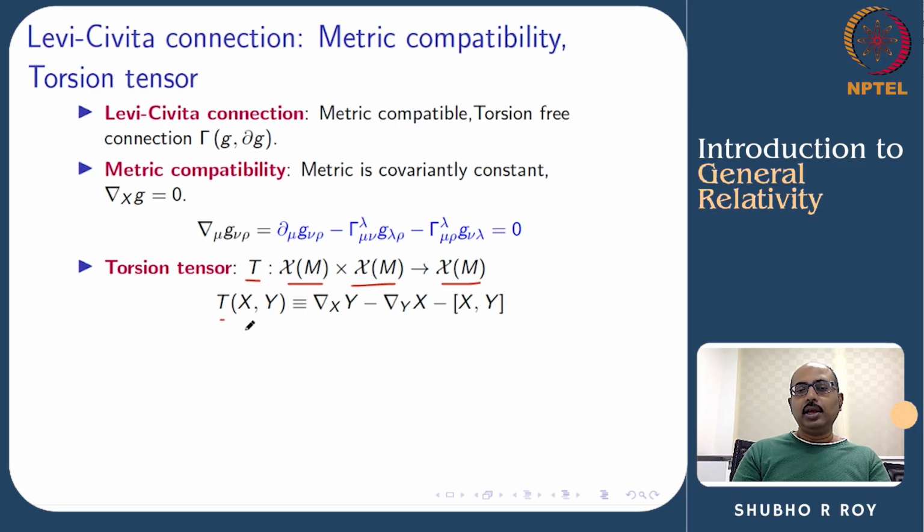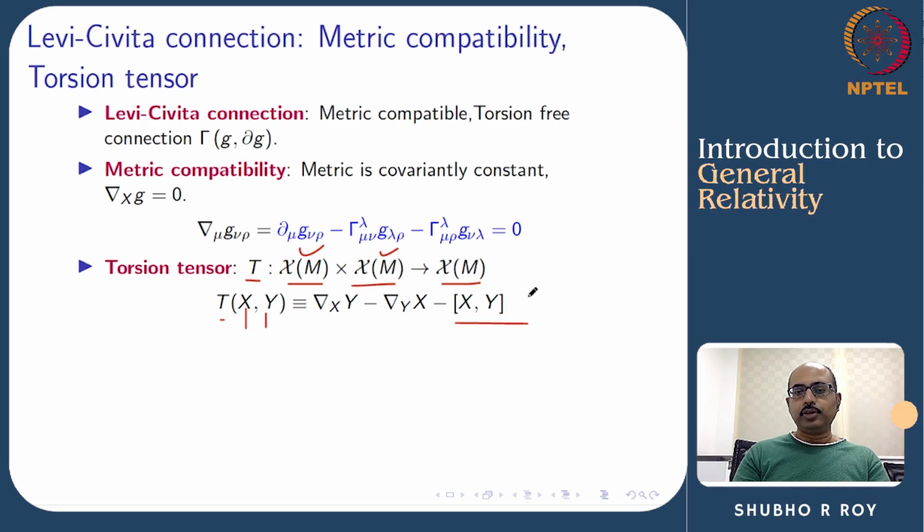If you feed two smooth vector fields, x and y, then the action of T on x and y is given by the covariant derivative of y with respect to x, minus the covariant derivative of x with respect to y, minus the Lie bracket of x and y. As you can see, if you reverse the roles of y and x, the torsion tensor picks up a sign: T of y and x is equal to minus T of x and y.